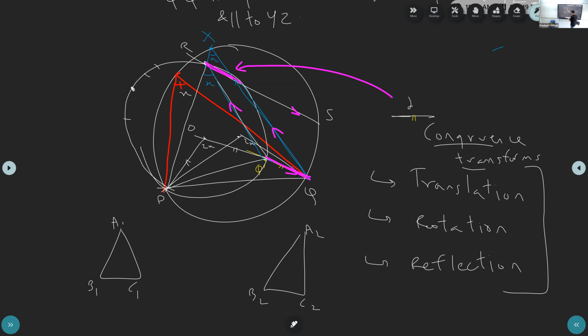For example, what if I first translate it so that the point B1 coincides with B2? Under that translation, I'll get a new triangle. And then I will do a suitable rotation so that this triangle coincides point by point. So some combination of these operations can always be used to take any congruent object in the plane to any other congruent object. That is the most important theorem in congruence.